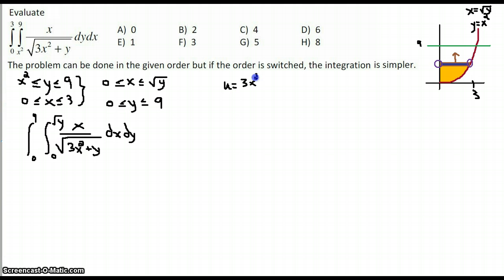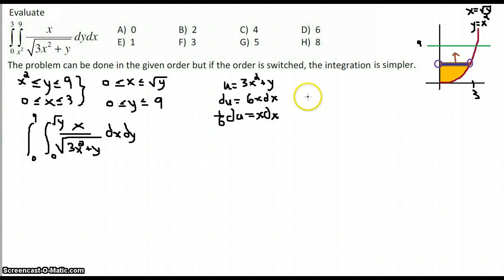Let u equal the entire quantity underneath the radical, 3x squared plus y. The derivative of that is 6x dx. We need to replace x dx, so we take 1/6 of both sides. 1/6 of du is going to take the place of x dx.